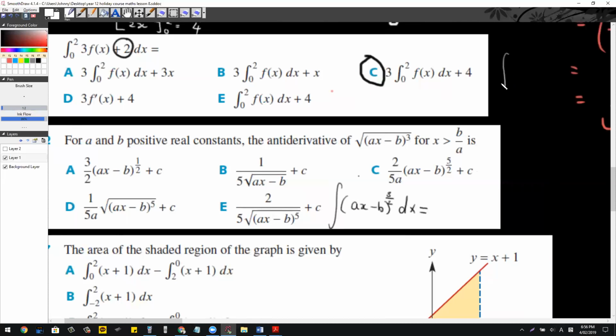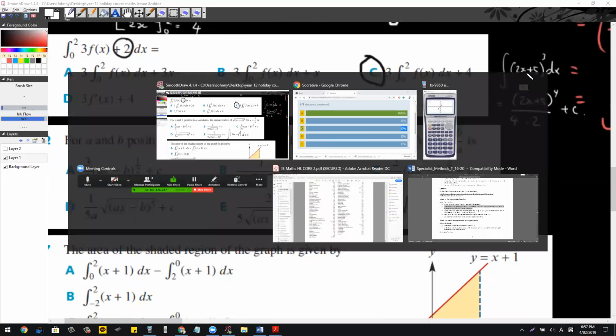So if you have the integral of, let's say, 2x plus 5 to the power of 3 dx, the answer is, you integrate this one so that becomes the power of 4: 2x plus 5 to the power of 4, divided by 4 times 2, plus c. So that's how you do this one.